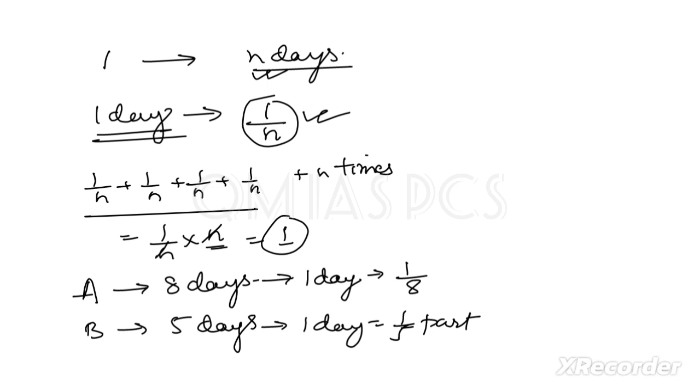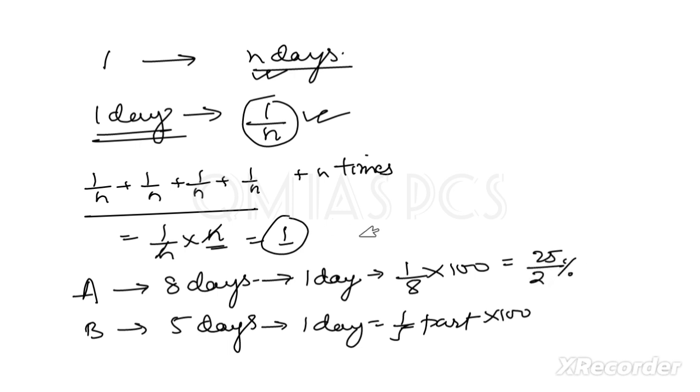But if anybody asks for percentage form, what can be done? Just multiply by 100. So it will be 25 by 2 percent done in 1 day.